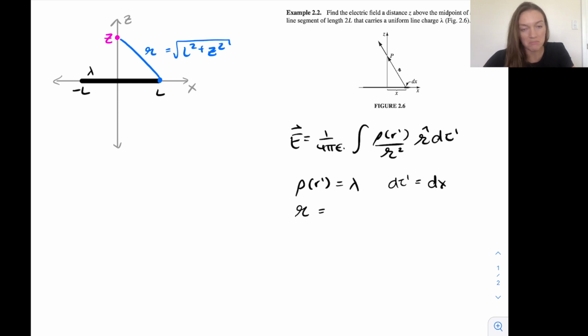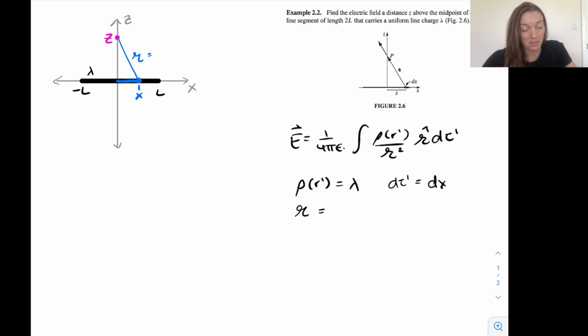But what if it wasn't the end point? What if it was some arbitrary point in the middle? So what if instead we were looking at a point here? Well, this one we can also use the Pythagorean theorem. In this case, this length here would just be whatever this x position is, whatever this x coordinate is. The length of this side is just x.